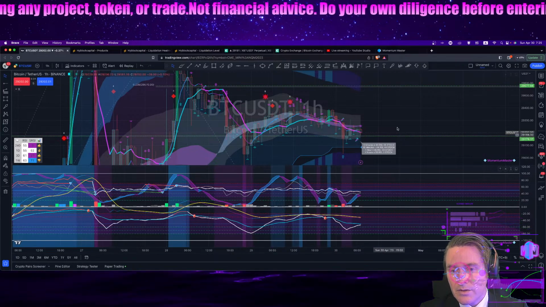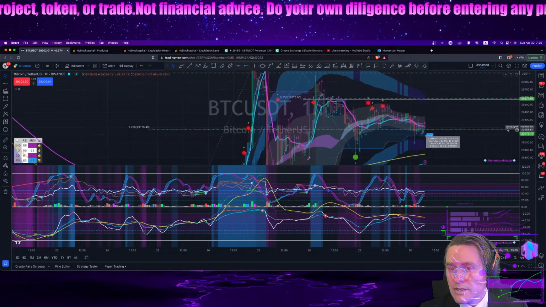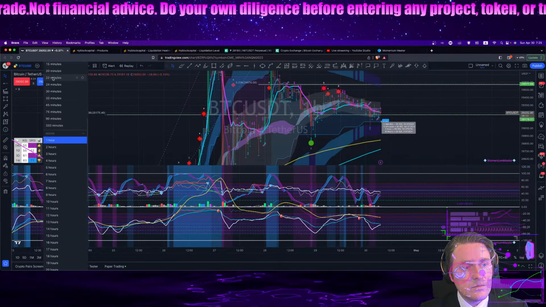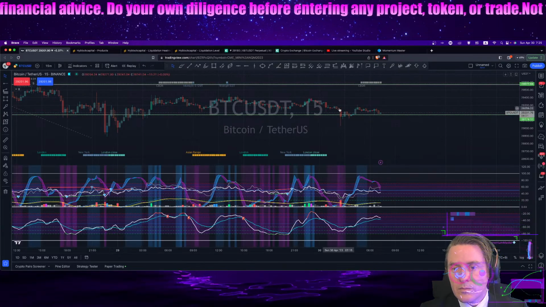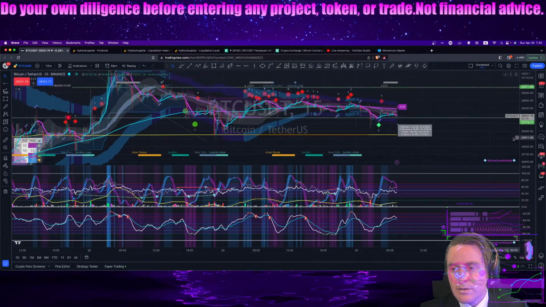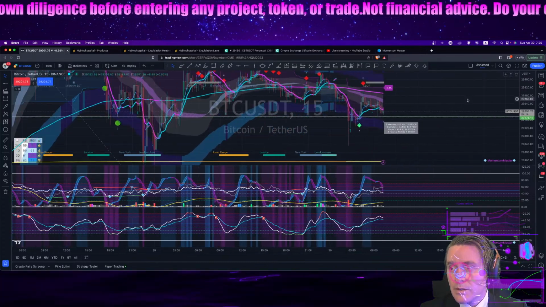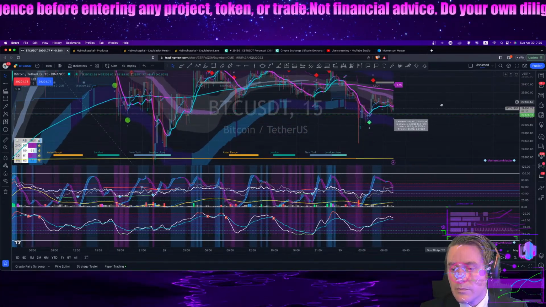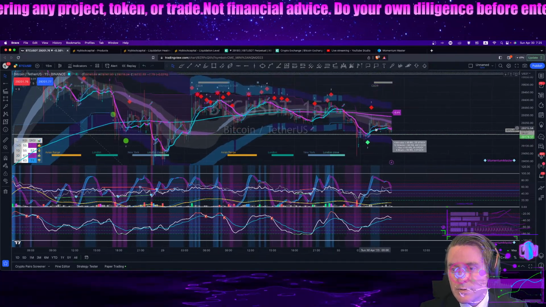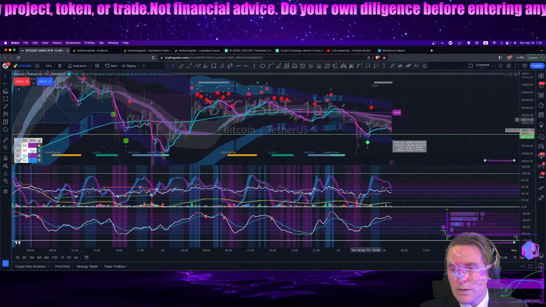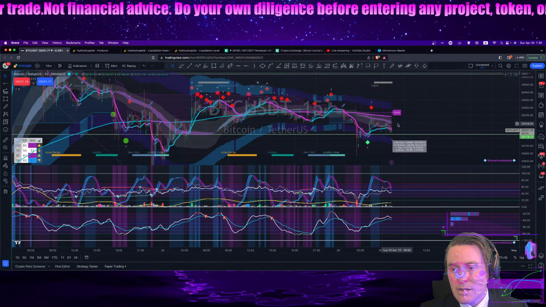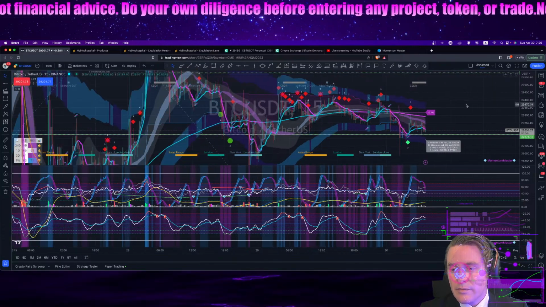So you're getting a meandering around low liquidity weekend. 15-minute coming down here. Also beneath the cloud. So the 15 and the hourly are still struggling in terms of getting above the cloud, and the cloud is currently in an offloading mode.